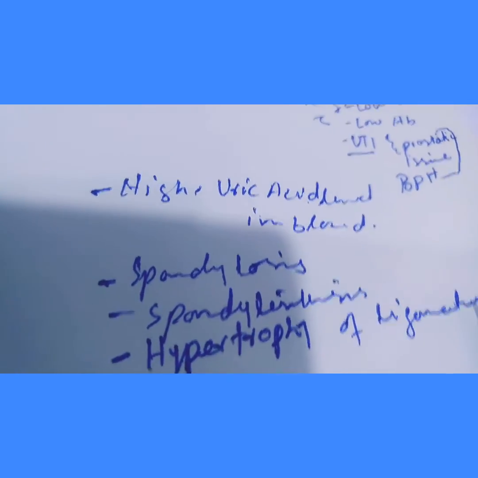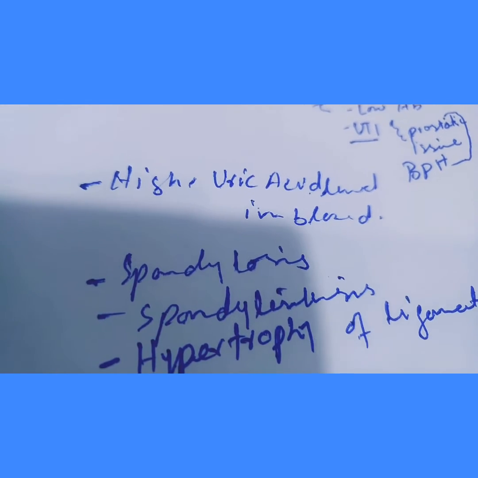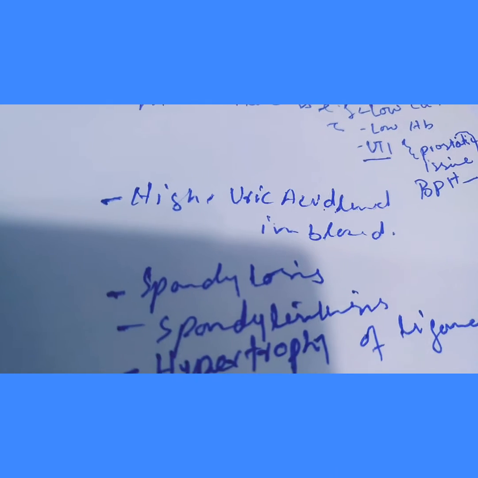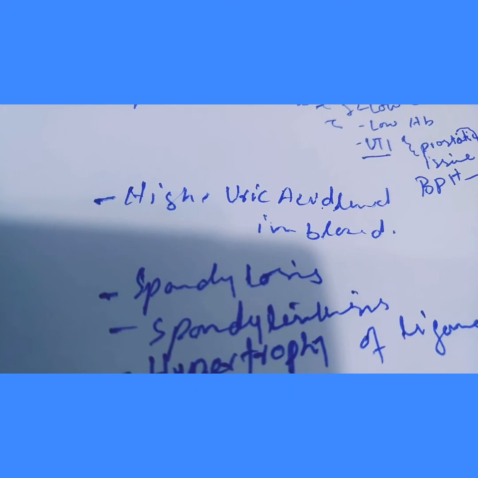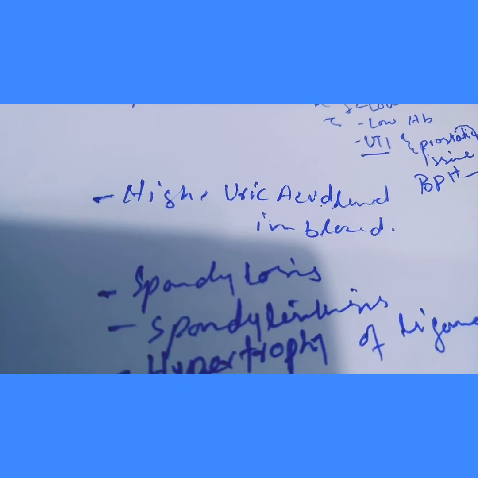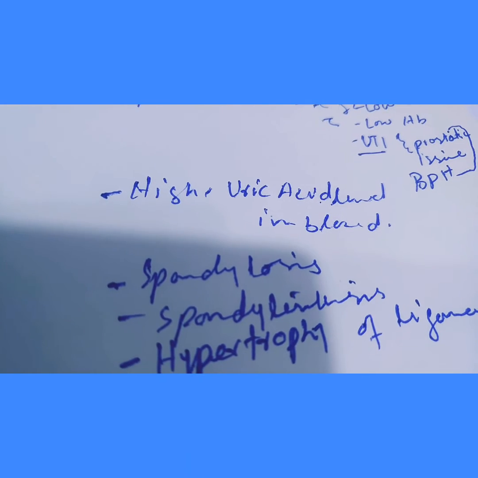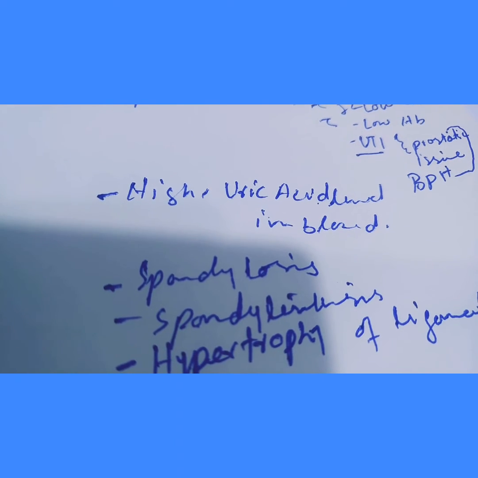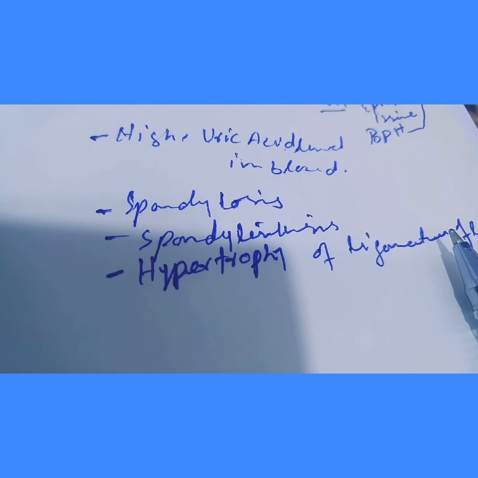We can also watch for any type of nodules or nodes at the small joints of the feet and hands. These can be good points for the diagnostic procedure that we are going to perform, and good points for best diagnosis and for good treatment.